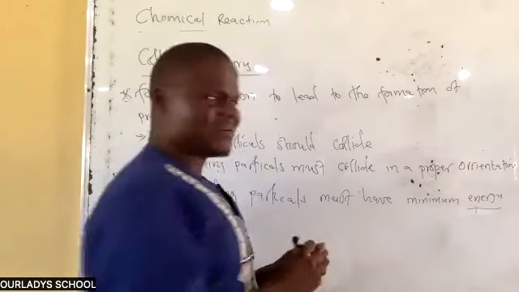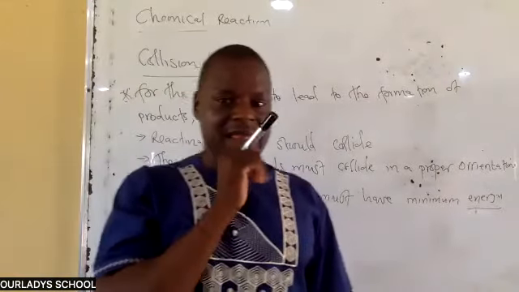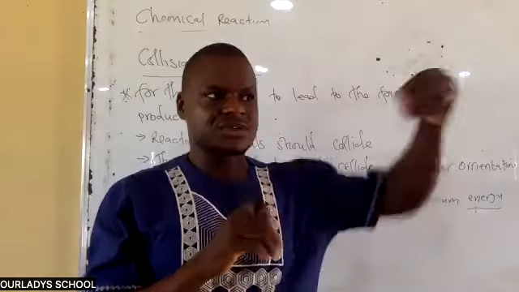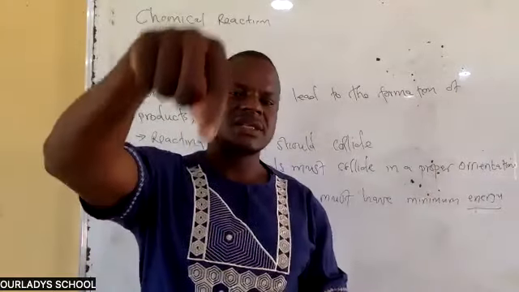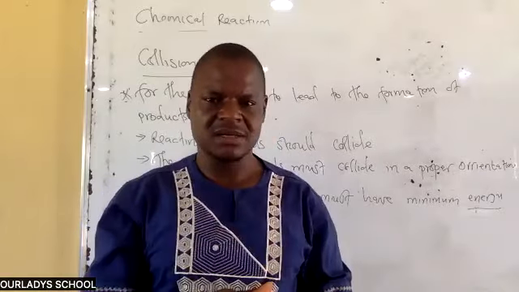Someone might wonder, how come atoms have energy? Yes, they do have. When you buy a packet of crisps, read the ingredient contents, the nutritional content. They also stipulate how much energy you are likely to get when you eat that pack.